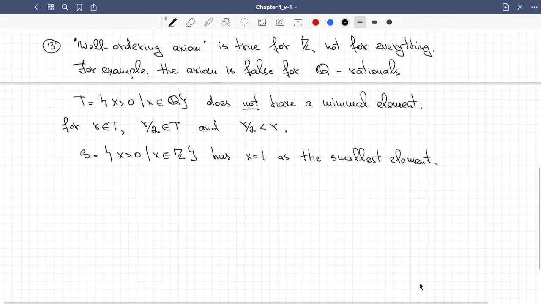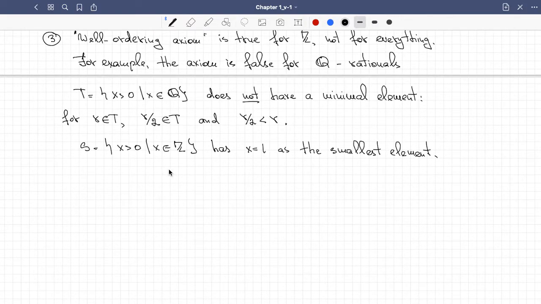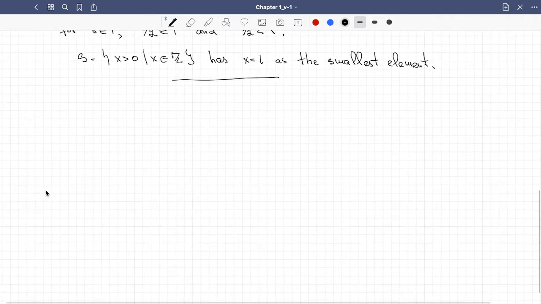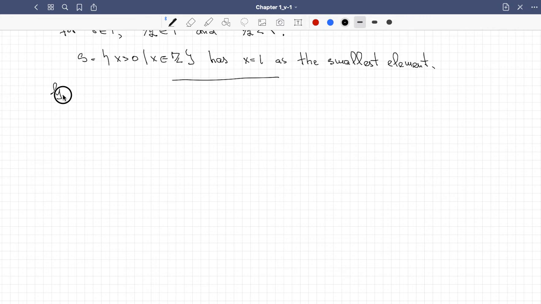Now, what we are going to prove, our goal in chapter 1, what kind of arithmetic we are going to discuss. So our goal is the fundamental theorem of arithmetic.